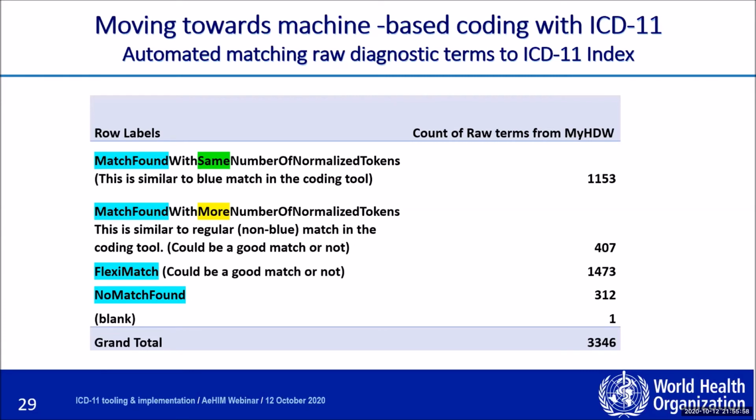Here we had a term set with 3,346 terms, and you see here full matches: 1,100. Then there were others with one-to-many matches, some of which were right or wrong. So that has to be validated, of course. But this will be very much the way to go, especially for those countries where we have the infrastructure, to see to which extent we can automate the process.